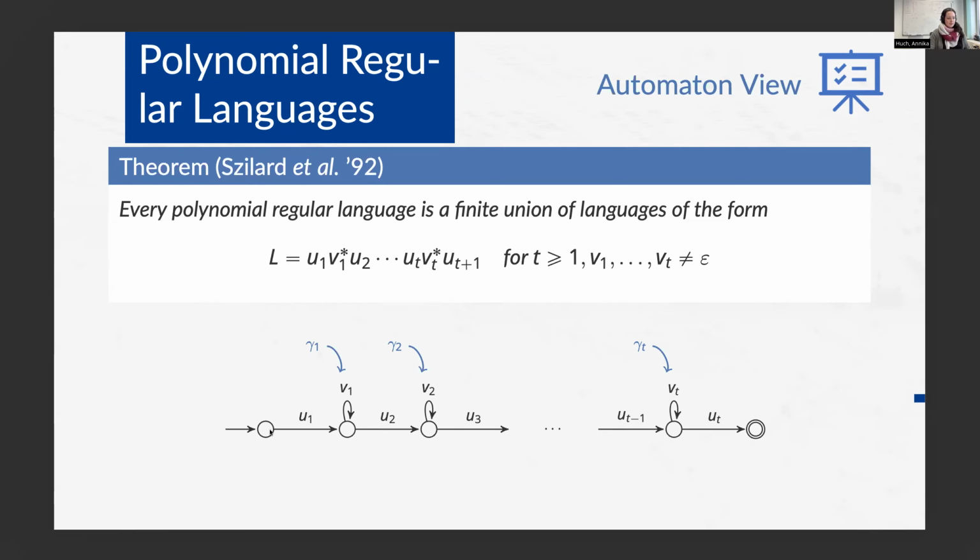If we have a word here and a path with a word here, then we are not allowed to take two different loops from the same state. That's the general structure, and this is what we will make much use of in our complete work.